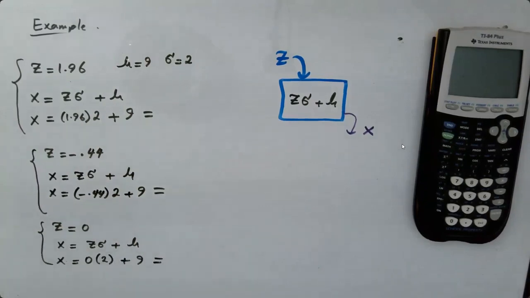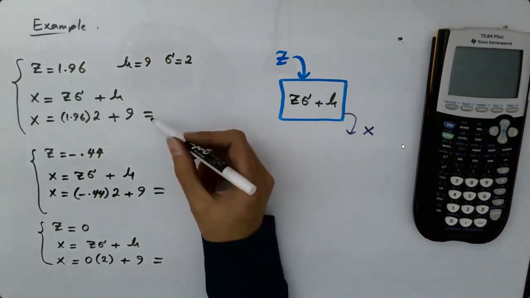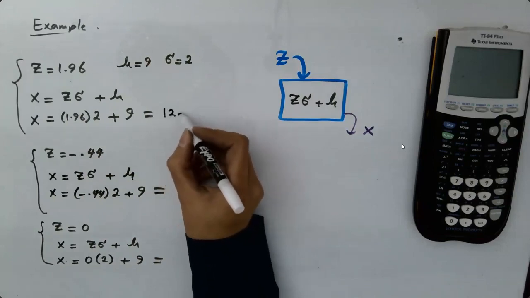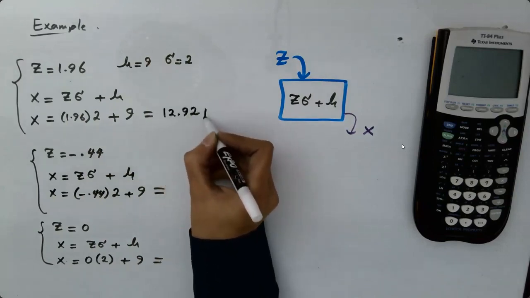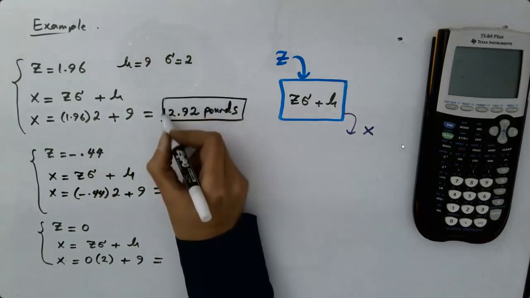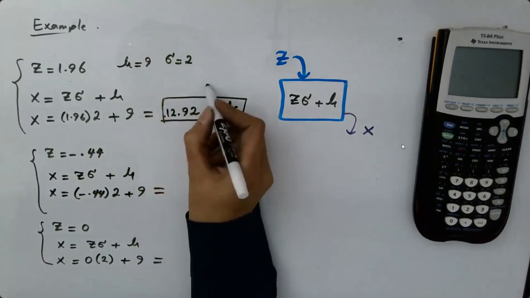Okay. By doing the computation, the very first weight is about 12.92 pounds. The actual weight of the cat. Excellent.